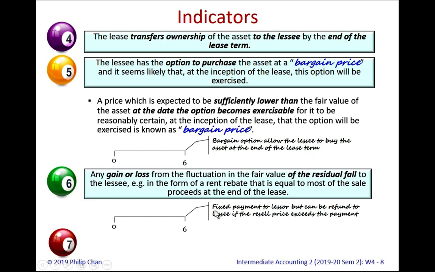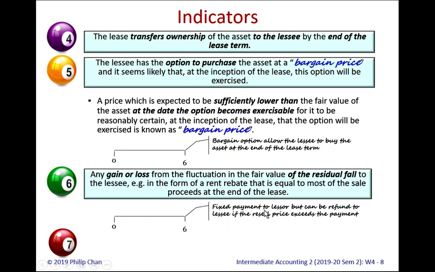Different from RVG. Remember, RVG depends on the resale price of the asset, and if there is a shortfall, the lessee has to pay it to the lessor. But this is different. The lessee has to pay a fixed payment that was preset in the contract.